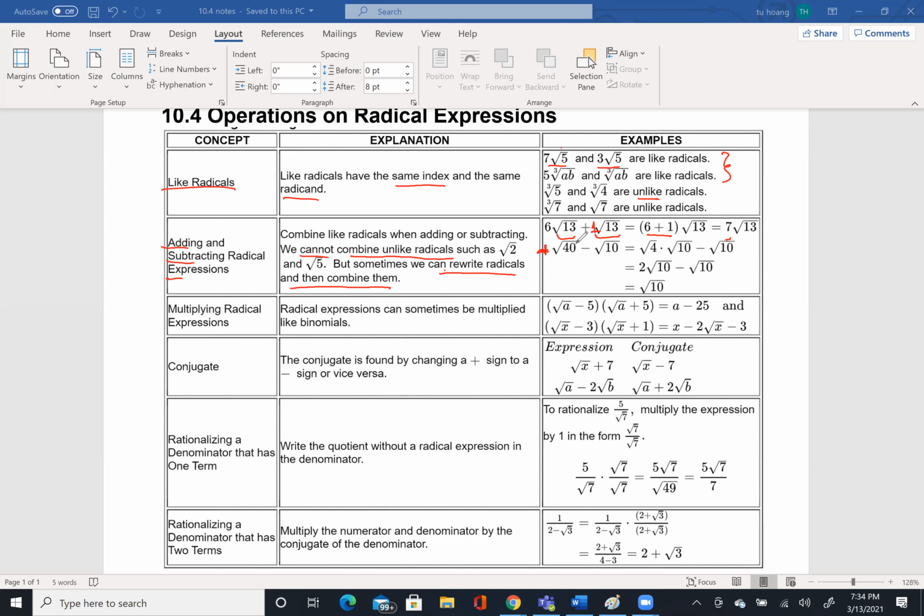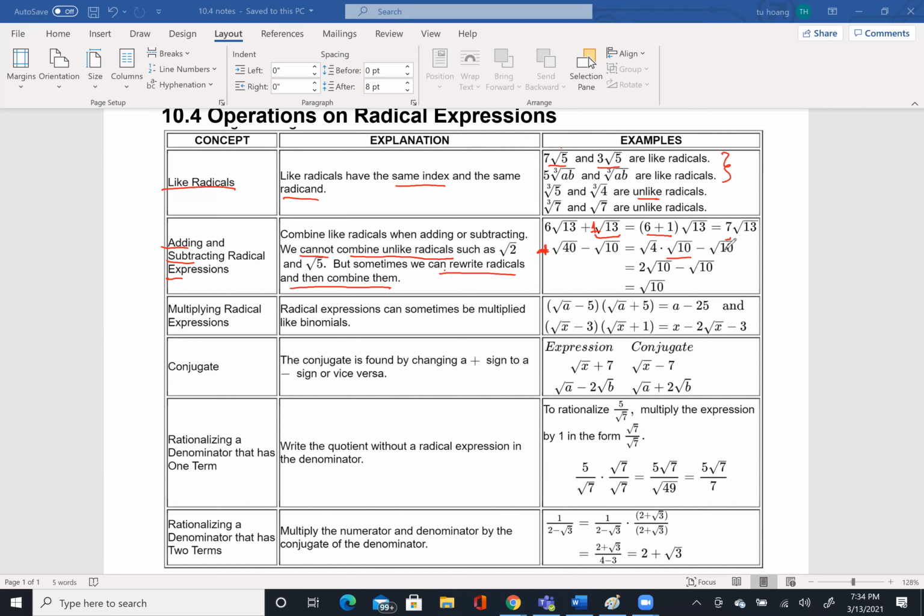So in this problem, I believe that square root of 40 can be derived as square root 4 times square root of 10. And in this case, you have two terms that have the square root 10, and that makes them like radicals, right?